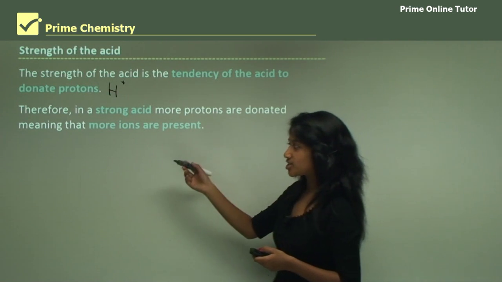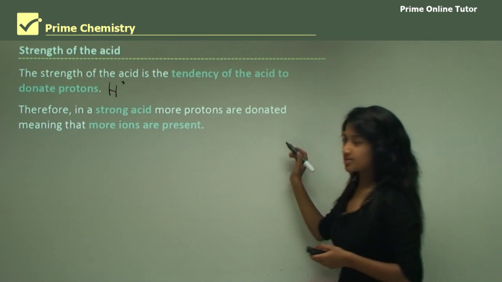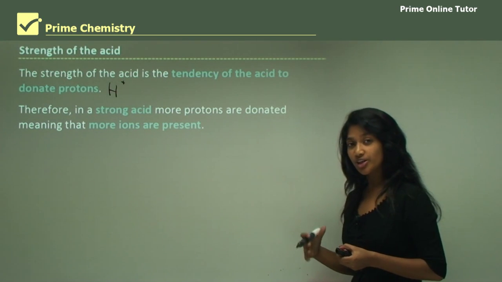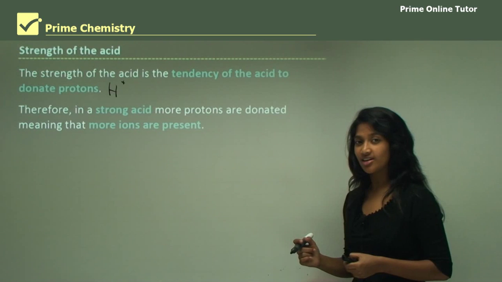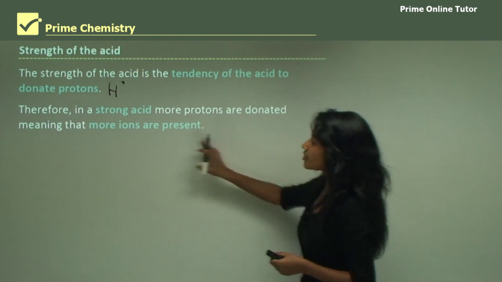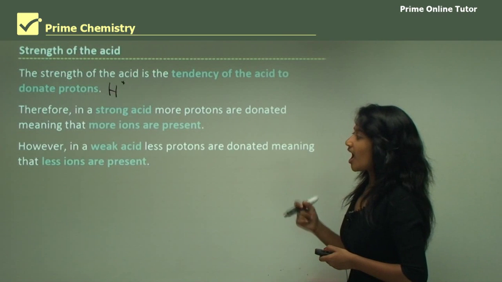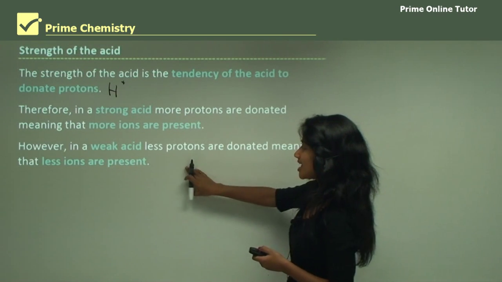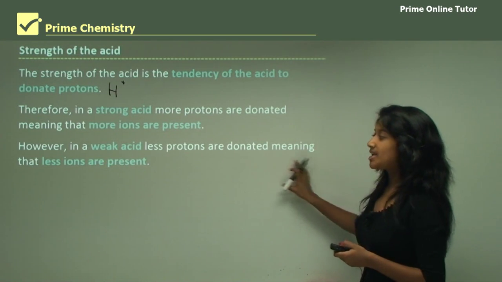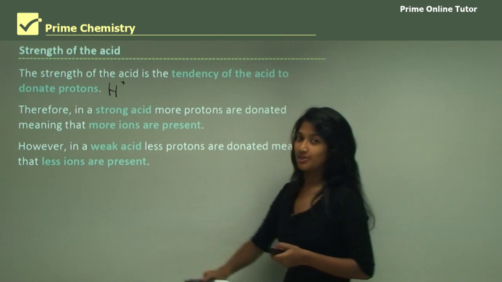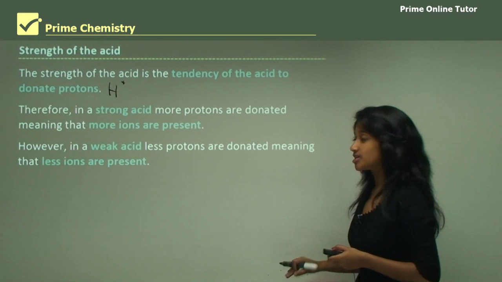For example, HCl: more protons are donated because all the HCl molecules are able to donate their proton. So there are obviously going to be more ions, a better electrolyte. However, in a weak acid, fewer protons are donated, meaning that there are going to be fewer ions present. Ions meaning charged particles, so it's not a good electrolyte.